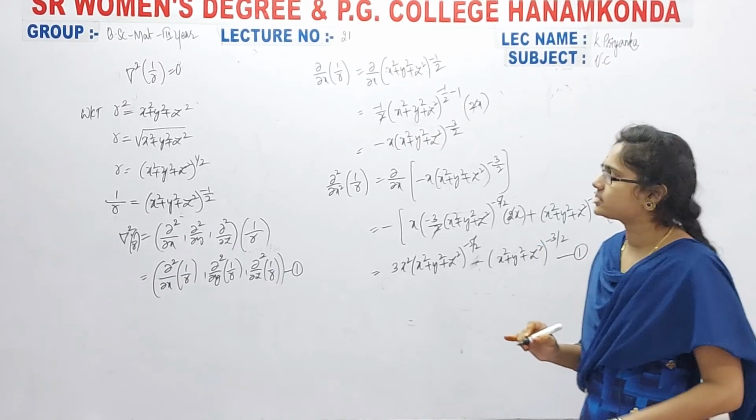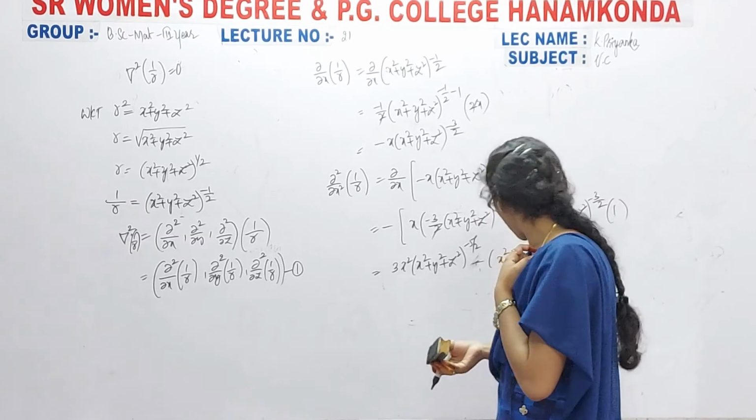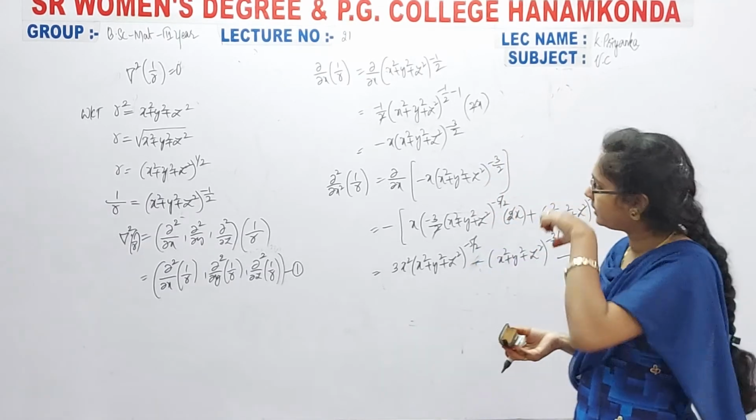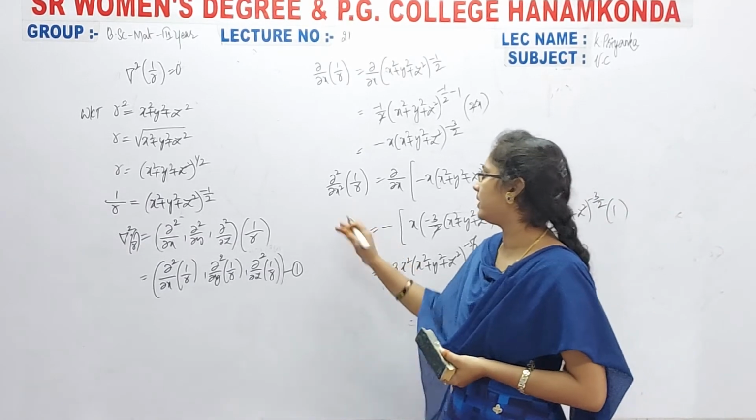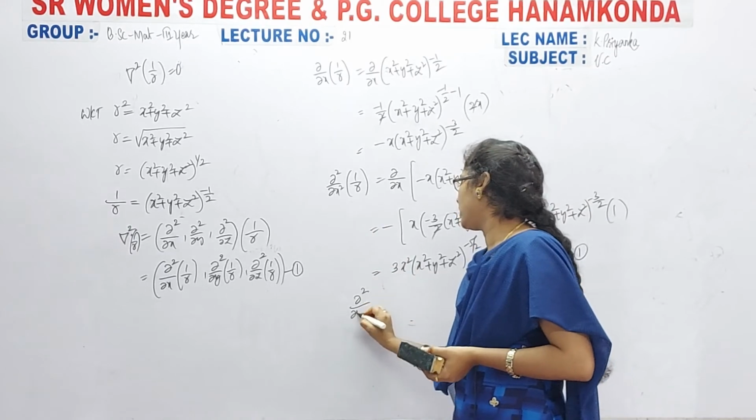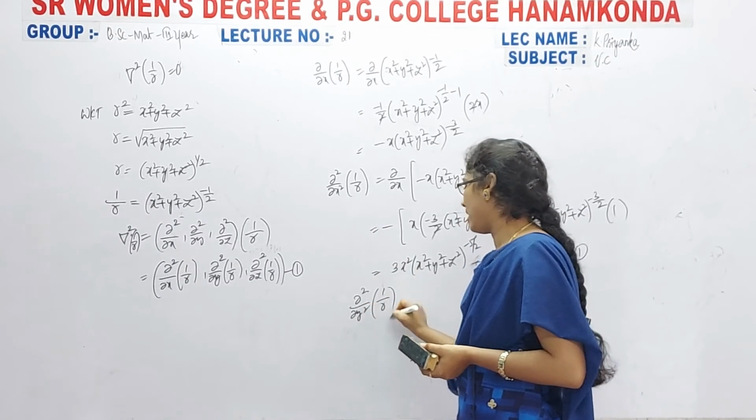Okay. So now here simply, excuse me, similarly you have to calculate all the values like dou square by dou y square of 1 by r. You have to calculate this one.